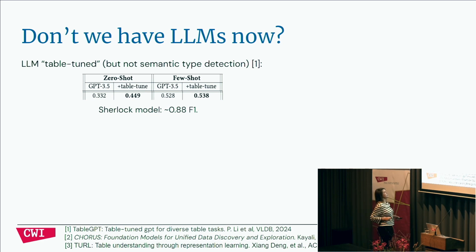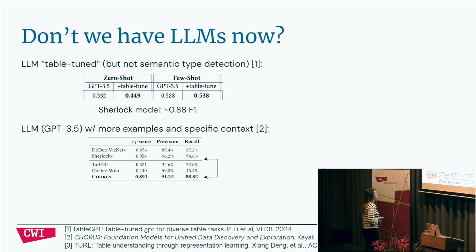Well, we found there that it doesn't reach a performance higher than 0.5. Remember, we had this performance of 0.90 roughly. So that's actually quite a large gap, even with an LLM such as GPT 3.5.